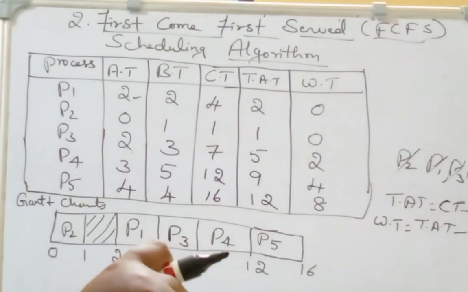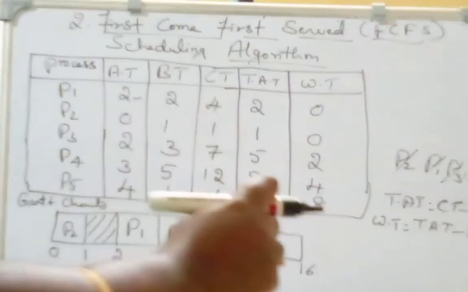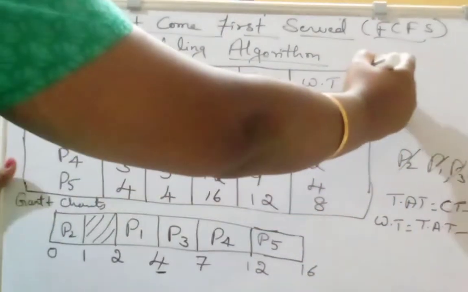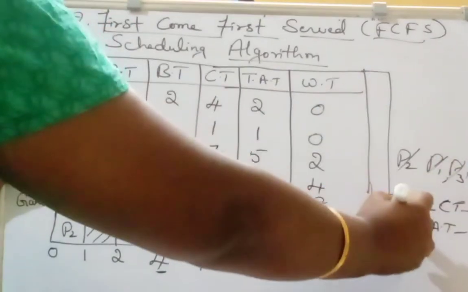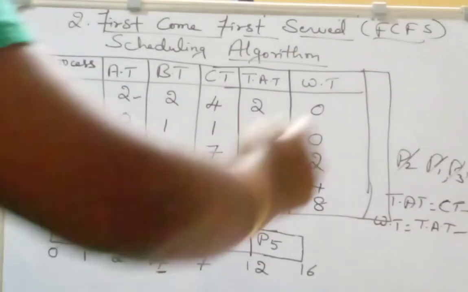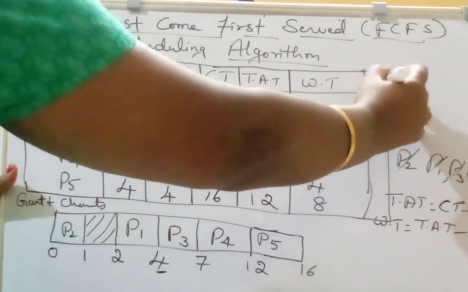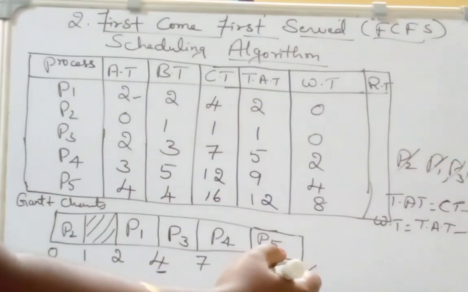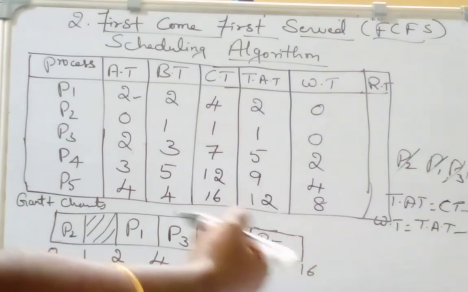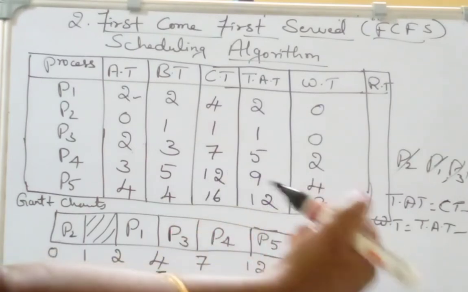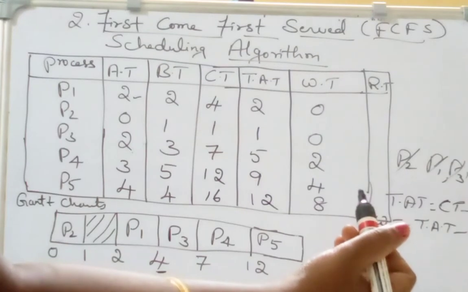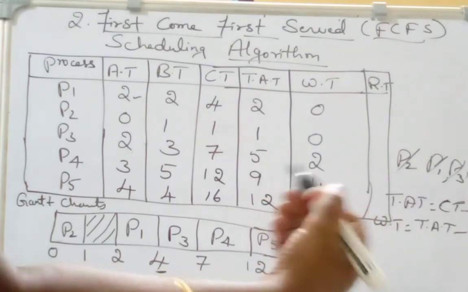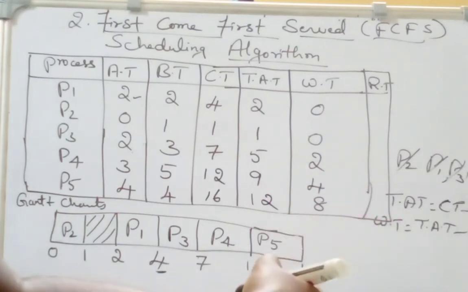Okay guys, one more thing they may ask in the exam: find the first response time. So I am adding one more column. Response time means when the CPU started responding for the first time to a process. The first response given by the CPU to a process is called response time.